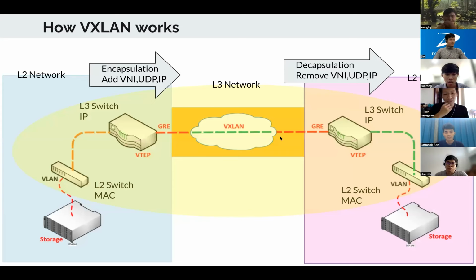VLAN works on layer 2 and VXLAN on layer 3. Is it correct? Yes, L3 network. On the slide I see L3 network. Yes, it is.